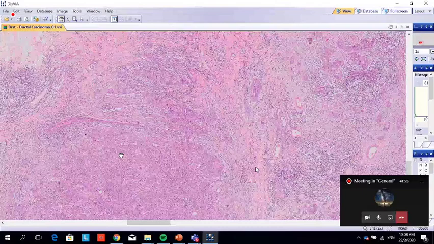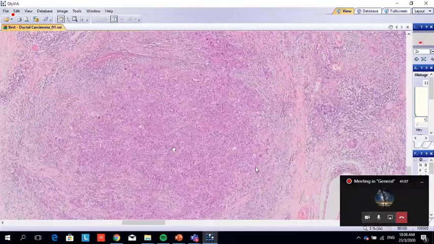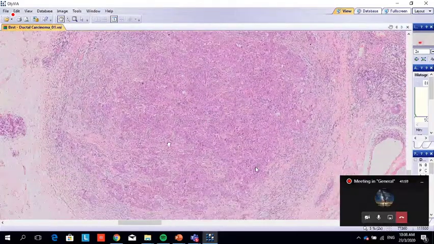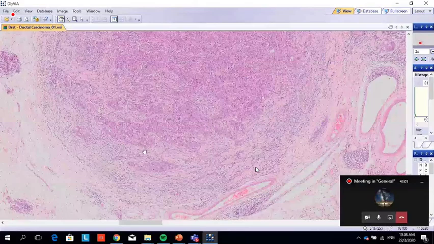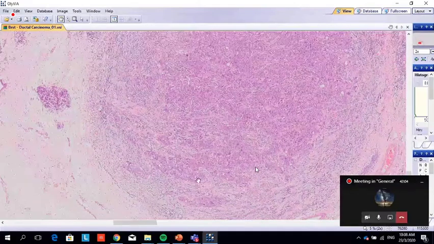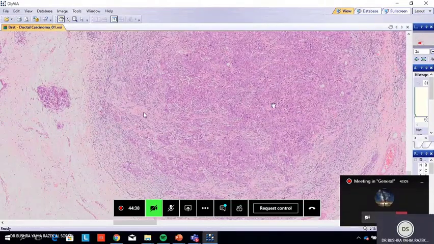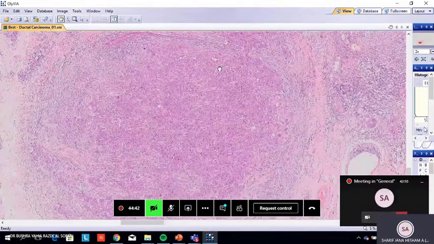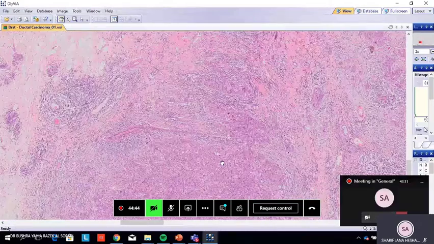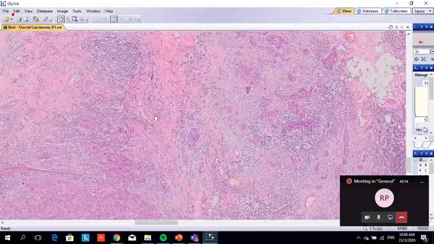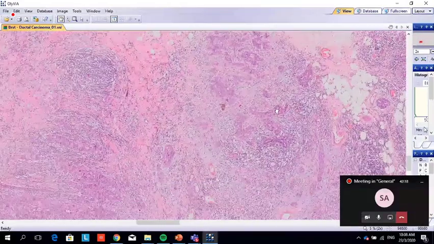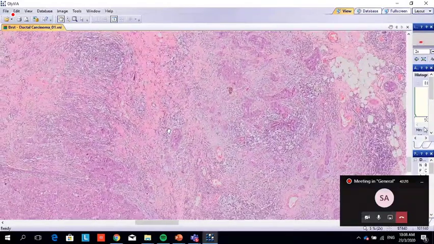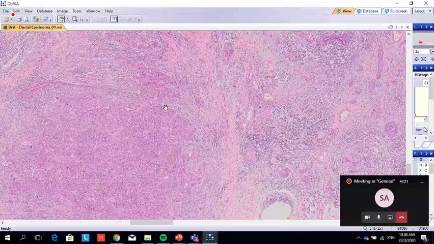Do you remember how we grade ductal carcinoma of the breast? It's by looking at what? You have to look at the tubular glands and see if they're greater than 75%, and then within the table you gave us.